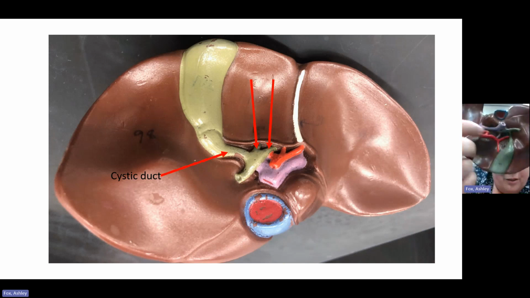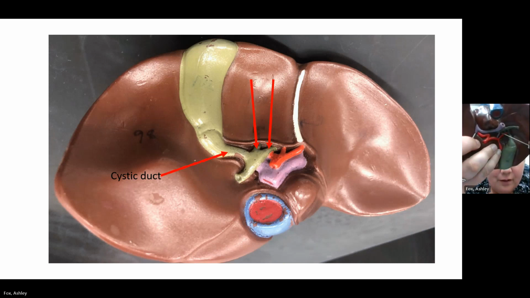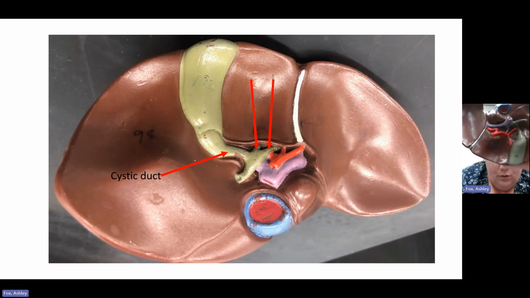Those are your hepatic ducts. That's where bile is being made and draining down into, so it can go into storage with the gallbladder or continue on. So that's the hepatic ducts.